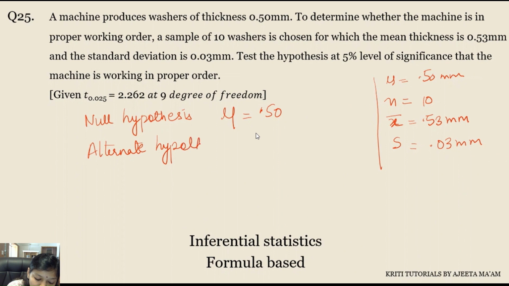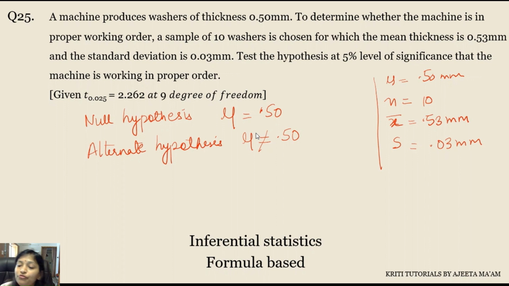Alternate hypothesis will be mu is not equal to 0.50 because they have not given anything that we have to calculate for less than or greater than, correct? But they have just said that if we have taken 10 washers, then the mean is 0.53 mm, right? And standard deviation is given 0.03 mm.